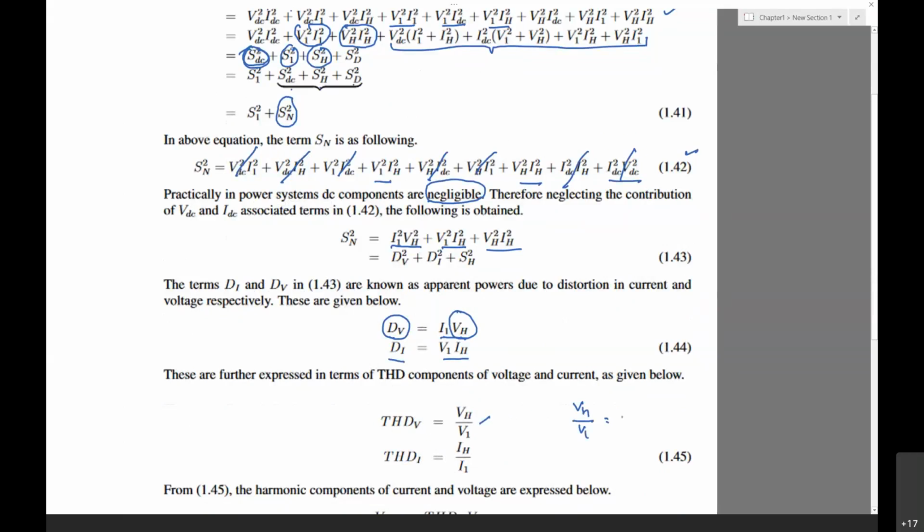As you know, this particular equation of THD in the voltage is equal to the square root of V2 square plus V3 square and V4 square and so on, by V1. This is a VH. Now here in this particular equation, we can make out I1 into V1 into THD voltage, and this equation is V1 I1 THD current.